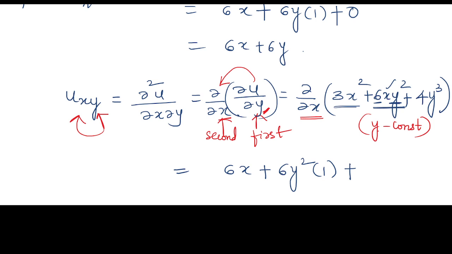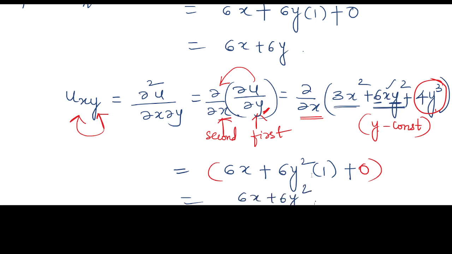Plus the 4y³ term is independent of x, so it is 0. So the final solution is 6x plus 6y².